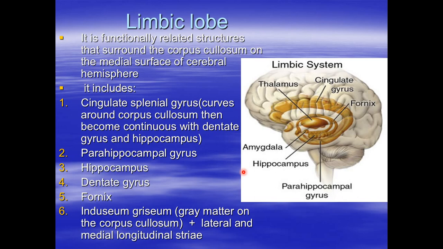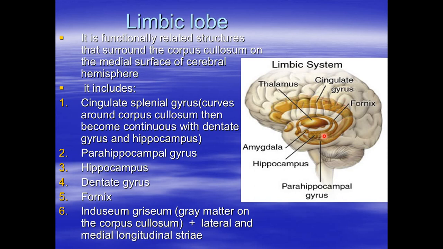The cingulate gyrus or cingulate splenial gyrus is the gyrus that curves around the corpus callosum and becomes continuous with the dentate gyrus here, and then the hippocampus. So the cingulate gyrus is the part immediately above the corpus callosum, which is limited by the cingulate sulcus.